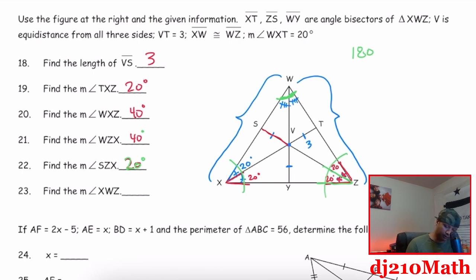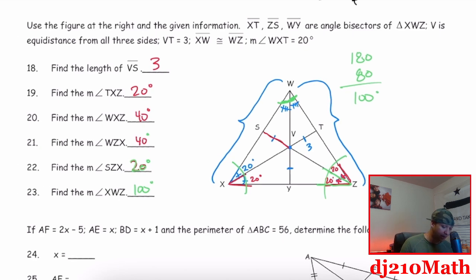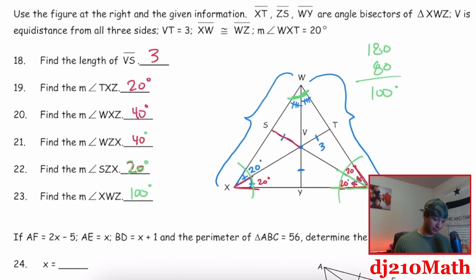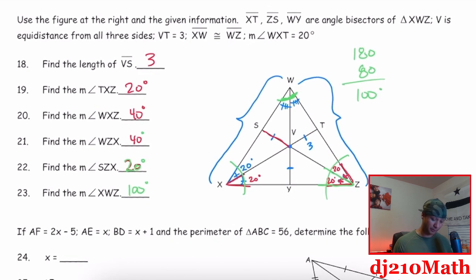So if both of those are 40, 40 and 40, that's 80, right? So when you subtract, we get 100. Now you may say, okay, this doesn't look like an obtuse angle. Well, you can't always trust the picture, but you can for sure trust the math. So that's a very hardcore geometry lesson. You can't trust the picture ever, but you can always trust the math.